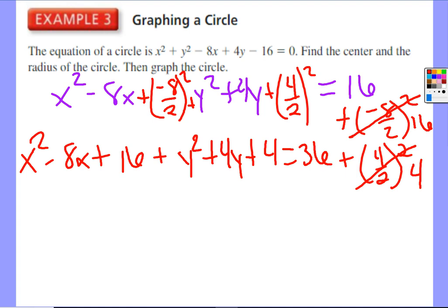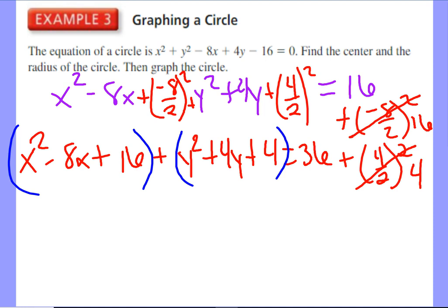All right, let me switch colors here so I don't get confused as to what we're working on. Now let's think about this. Going back to what completing the square is, I can now factor those two sets of blue parentheses to get it looking like our standard equation of the circle.